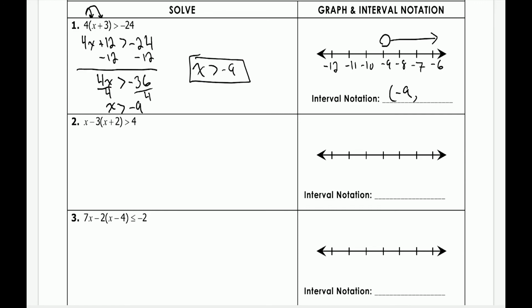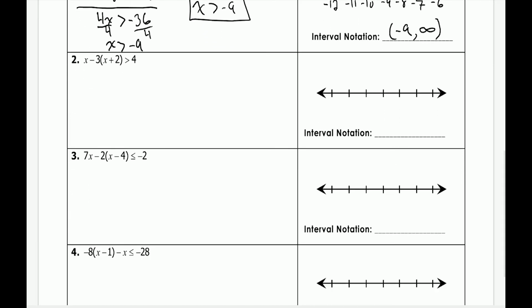Well, no, it just keeps on trucking. So this would have infinity. And if you remember, we always use parentheses with infinity. So we close it off with a parenthesis. So our answer in interval notation would be negative 9, comma, infinity. Okay? That's all that's new.